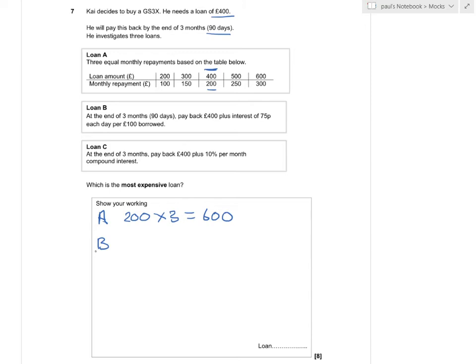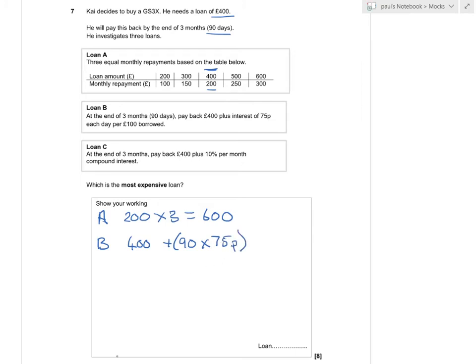Loan B, at the end of the 3 months, pay back £400 plus interest of 75p a day. So you're going to pay back £400 plus 90 days times 75p.